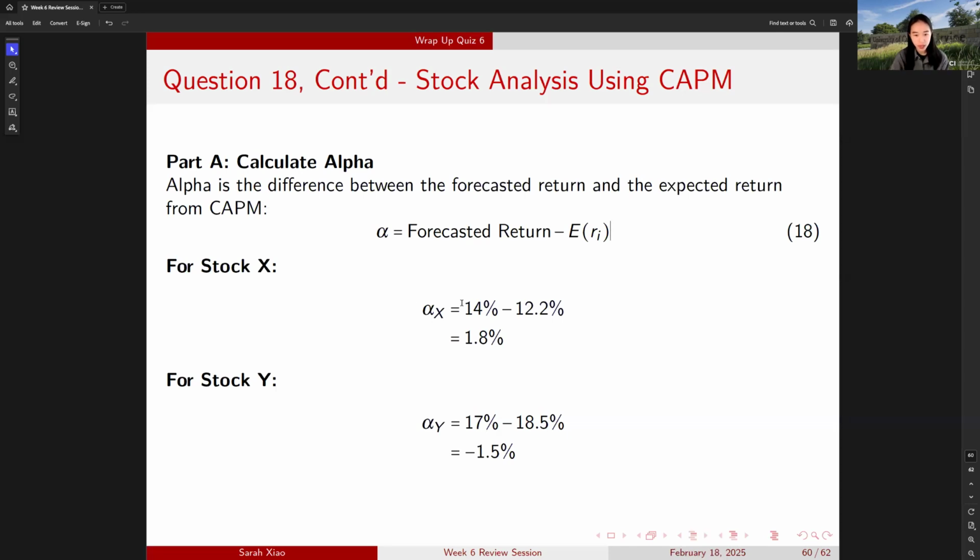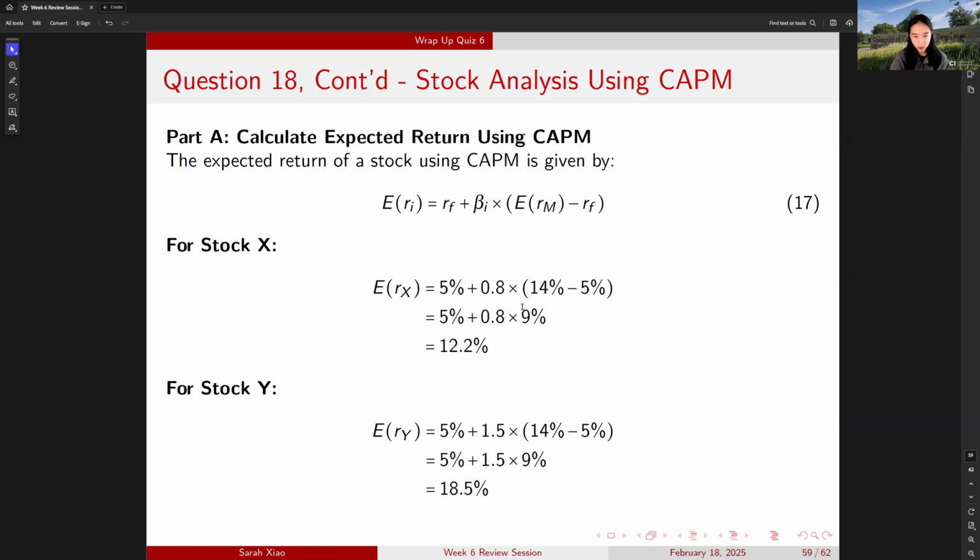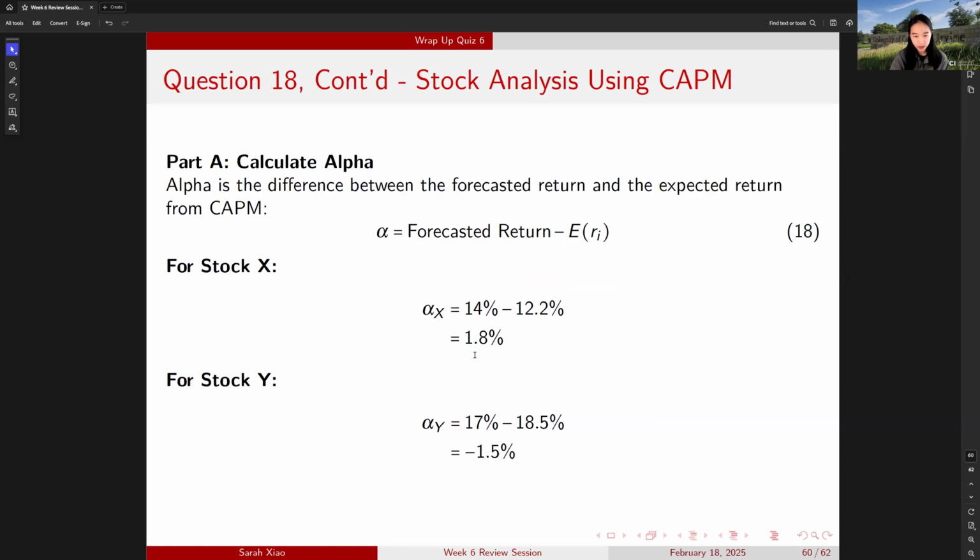We have the information for forecasted return for each stock from the chart, 14% and 17%. And we want to subtract the expected return from CAPM, which we calculated in the previous slides here. And we can get the alpha for these two stocks.